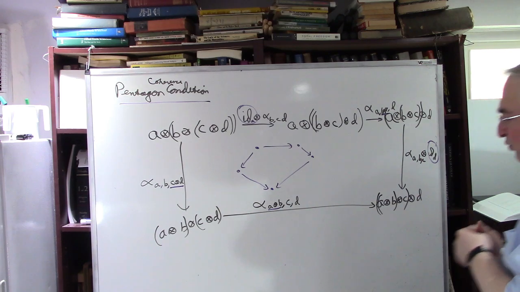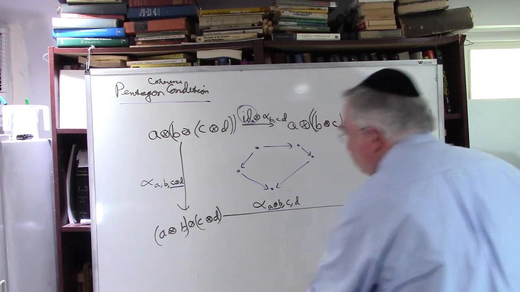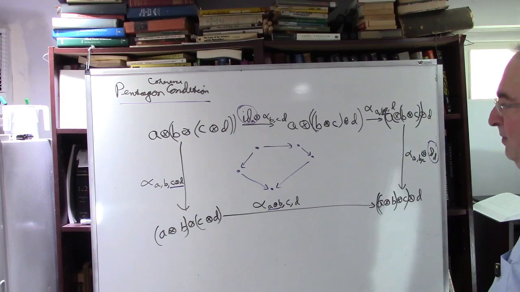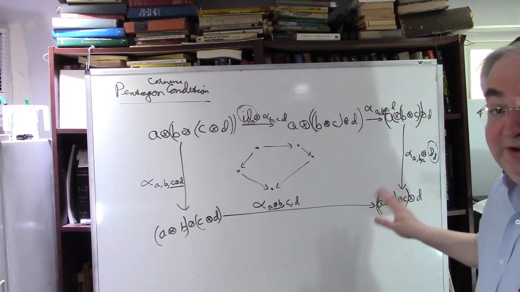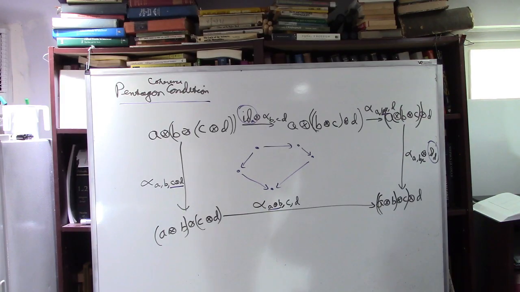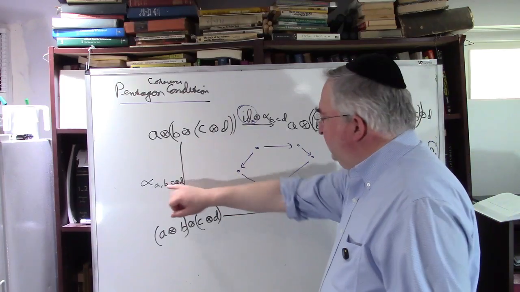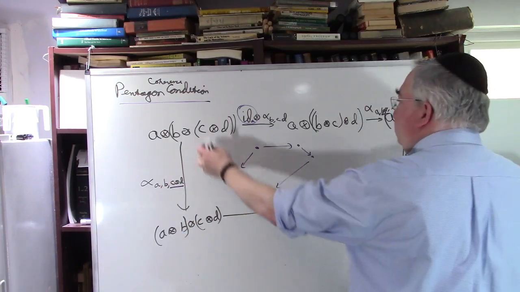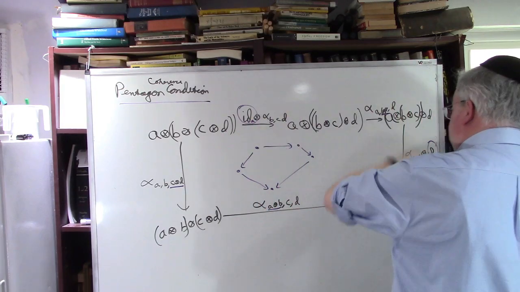I didn't want to just write it and close the camera; I wanted to develop it and show it to you. We're going to spend a lot of time talking about this diagram. This is the last time I'm going to write it in its full glory. But it's an important diagram, and what it shows is that these alphas get along. So basically, these 2 are equal to the composition of these 3.